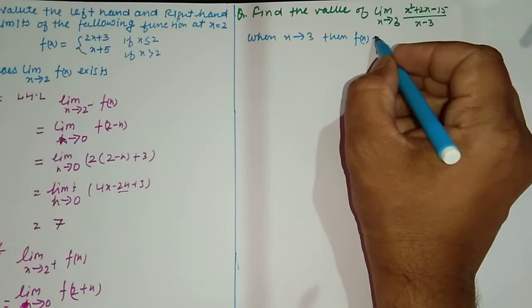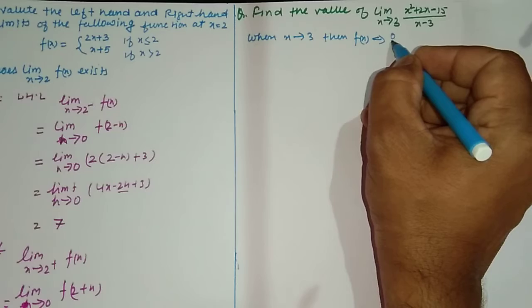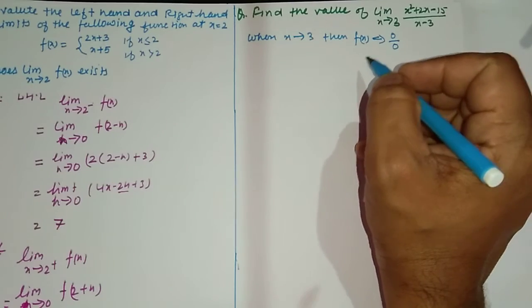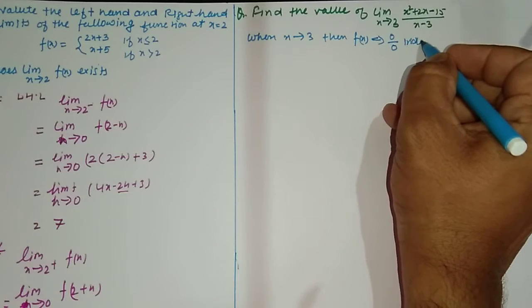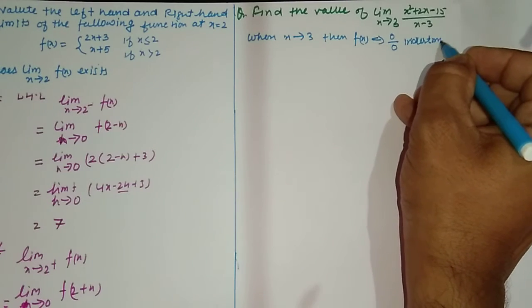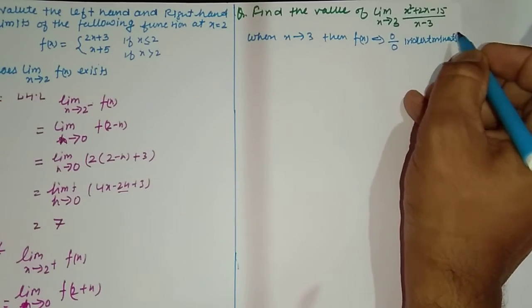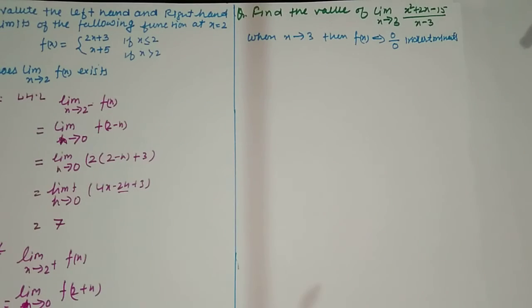So the function tends to 0 upon 0, which means this is the condition of indeterminate. Clear? So this is a problem.